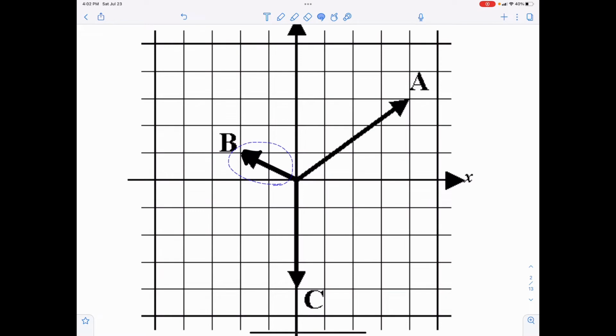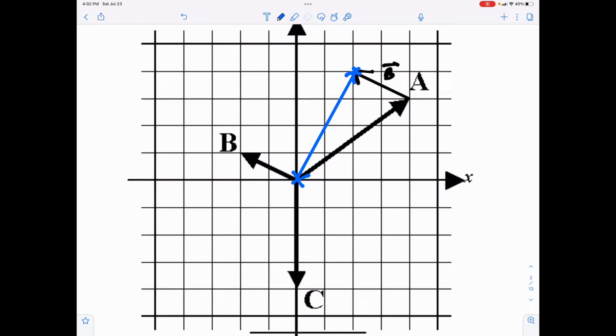So I'm just going to take vector B's position and simply move it to right here. Okay, there's B right there. Now, vector A plus B would be a straight line from start to finish. In other words, right there.